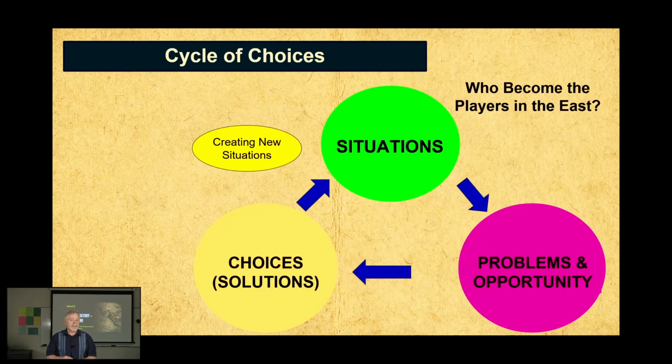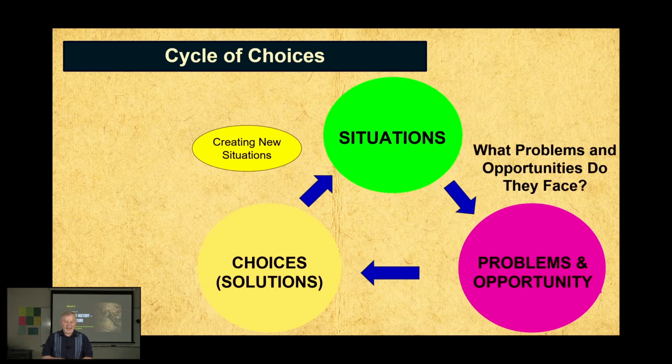So, who become the new players in the East? Well, it looks like Britain's going to become a big one. They're definitely going to become a big one moving into the 1800s. And will that create some problems and opportunities that they're going to have to face? Yeah, definitely. We're going to see a lot of conflict come out of that region.